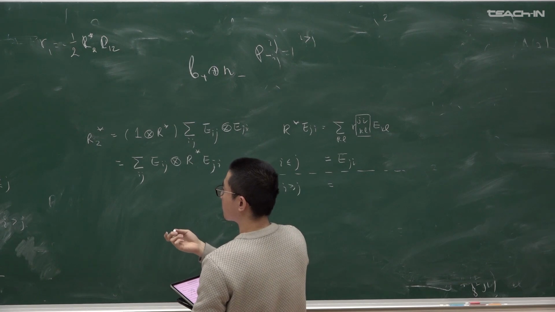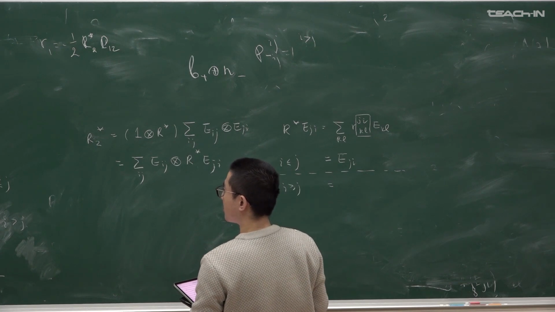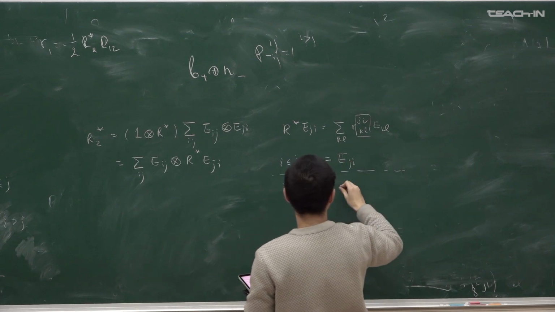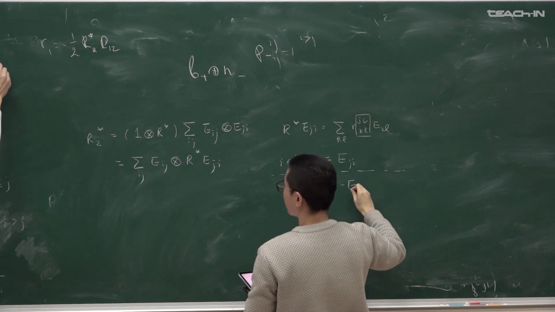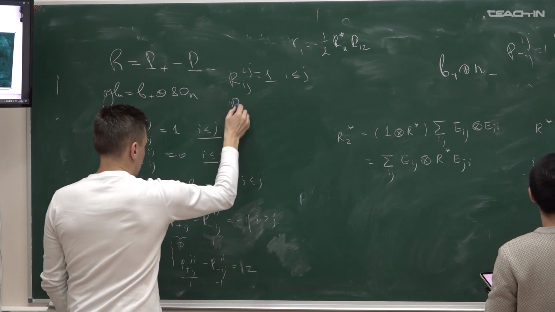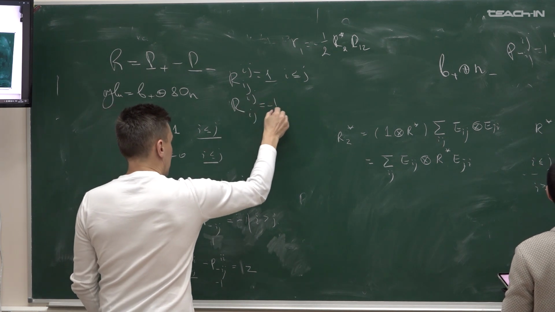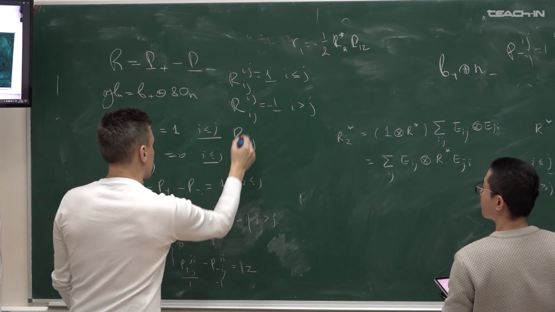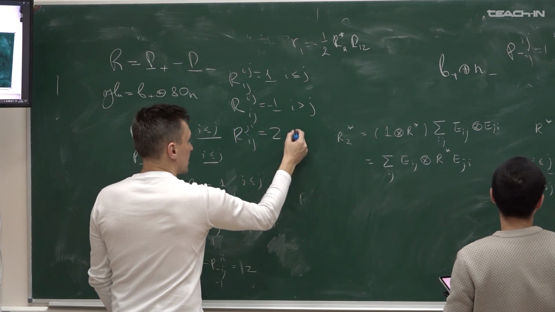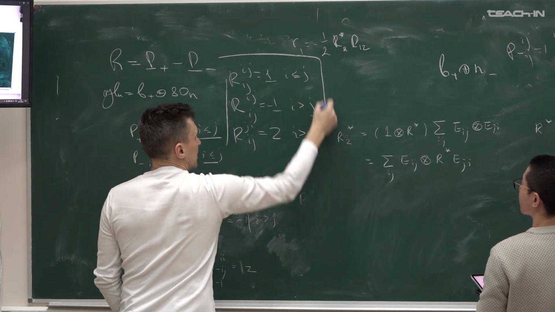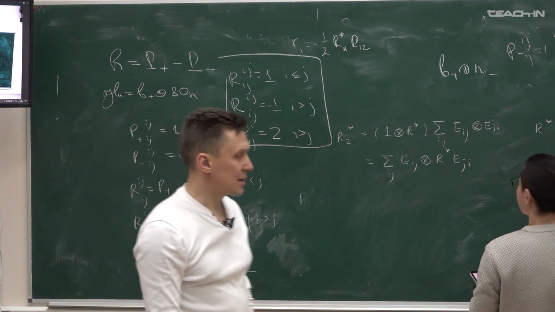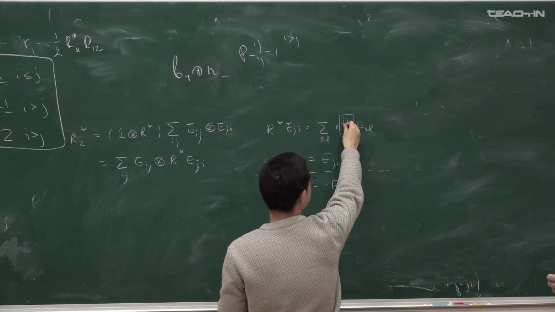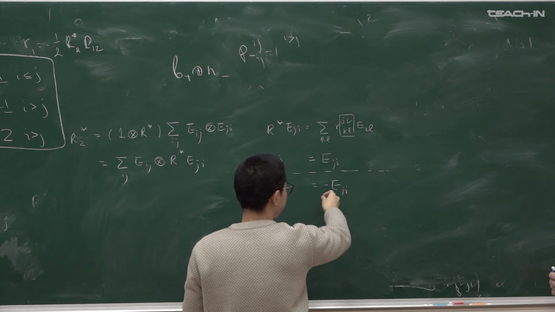Is it right? Yes. So for i greater than j, we have this minus e_i because we fix k and j here, so it's minus 1.